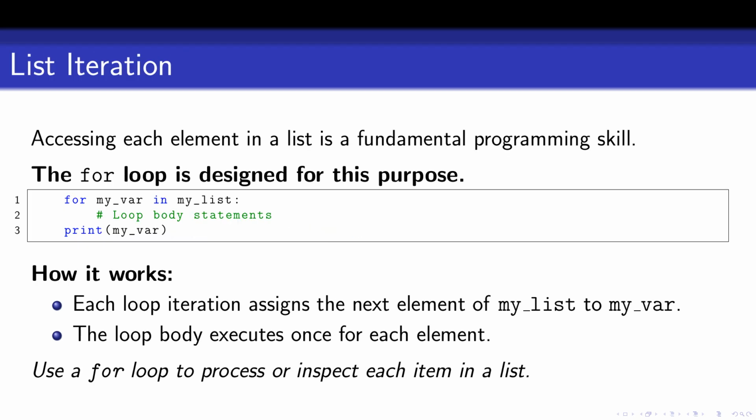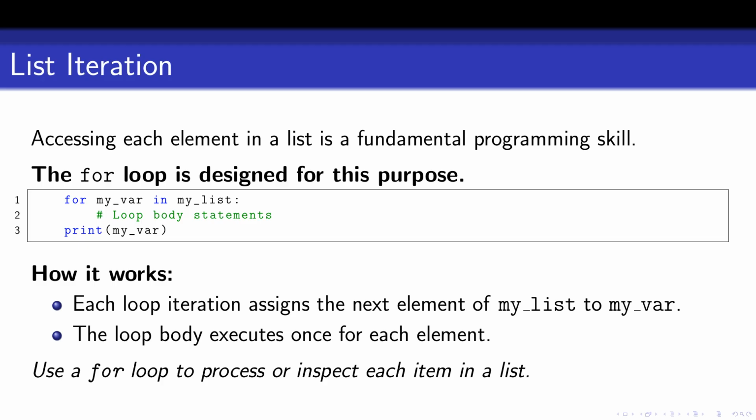To process each item in a list, Python provides the for loop, a fundamental tool for iteration. In this structure, each value in the list is automatically assigned to a loop variable, which you can then use inside the loop body. This eliminates the need to track indices manually.